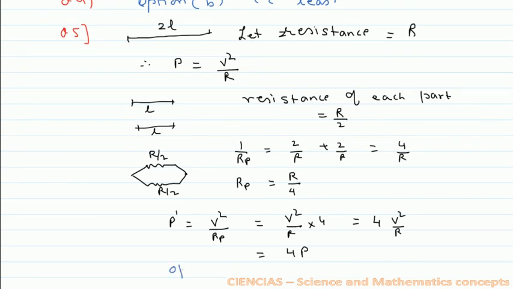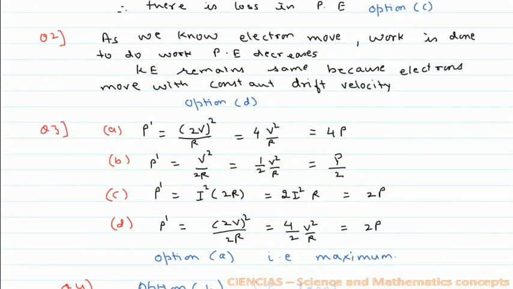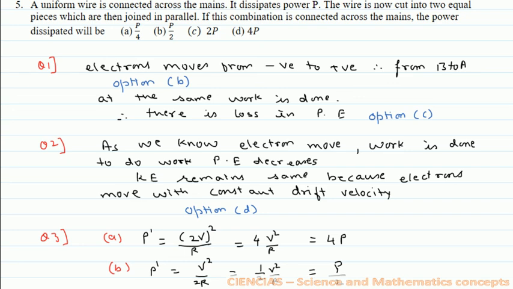Now we see in the question. Right. So option D is 4 times the power. So this is how we solve case study questions. For more questions, do check out my other videos.